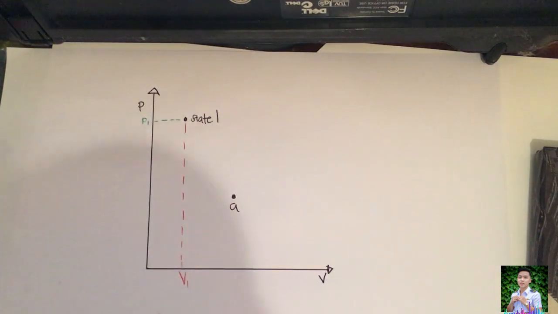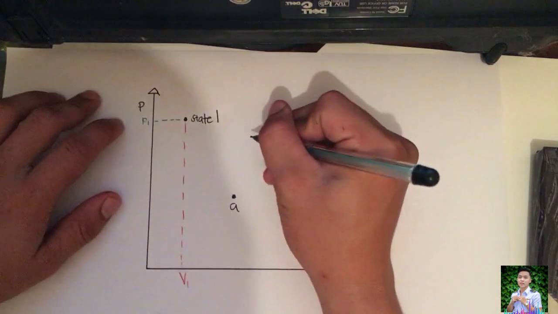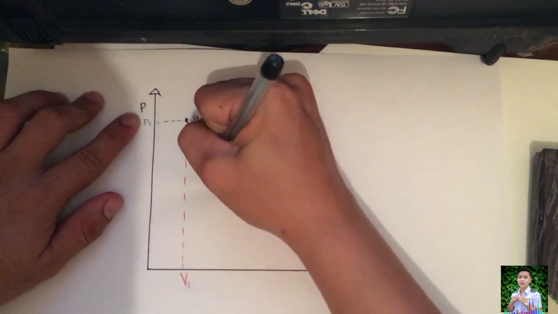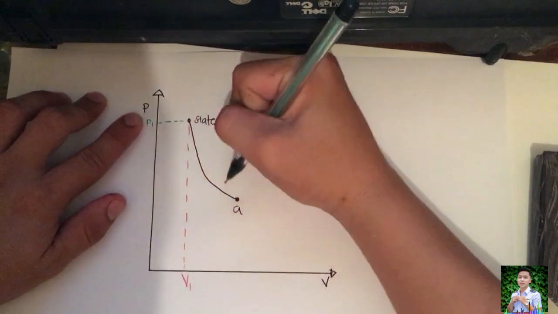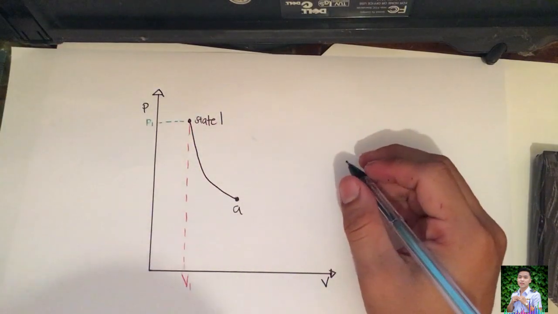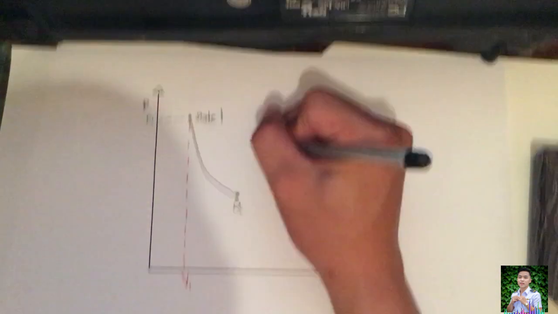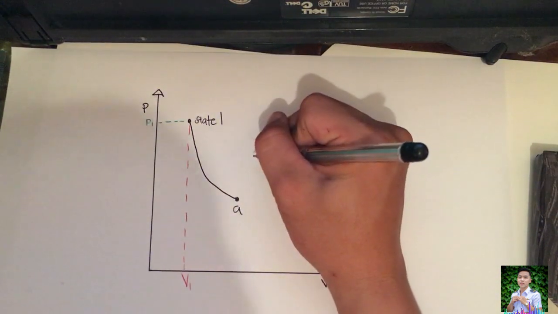The system changes from state 1 to A by following the Boyle's law. And the path goes like this. And the path of the graph of the Boyle's law is PV is equal to C.